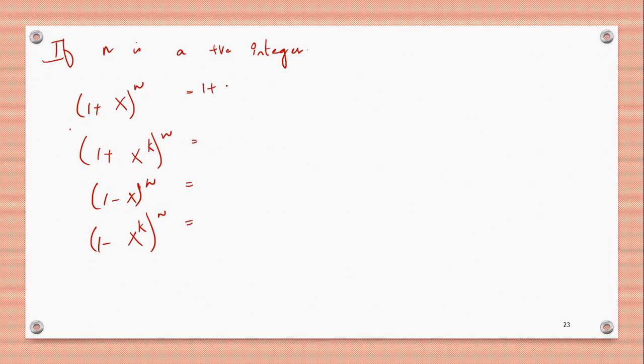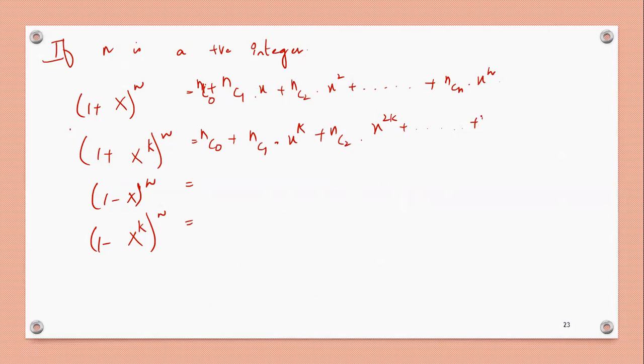Now, this I have already written: nC0 plus nC1 into x plus nC2 into x square plus and so on up to nCn into x power n. Okay. Now, the next one, instead of x, I have x power k. So here each time I will write x power k, x power 2k, x power nk. So let's write the same: nC0 plus nC1 into x power k, nC2 into x power 2k plus and so on up to nCn into x power nk.